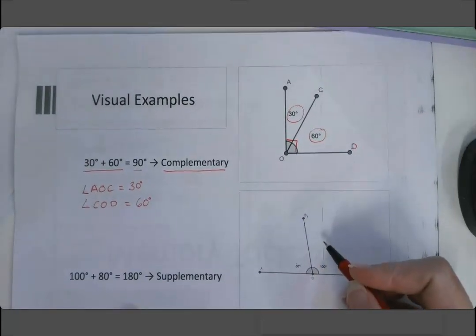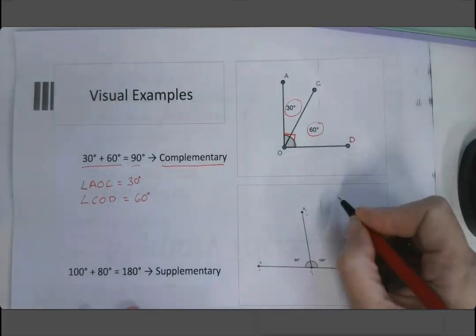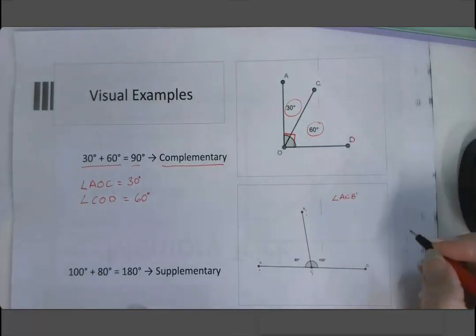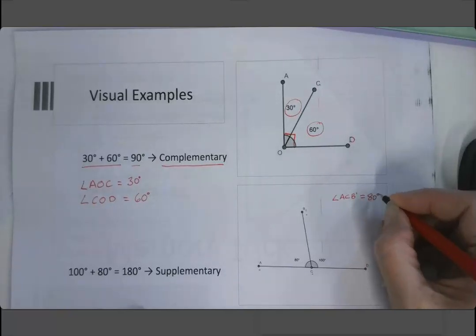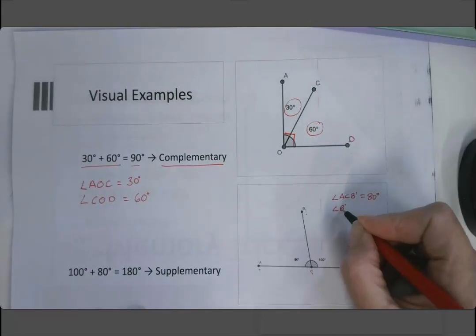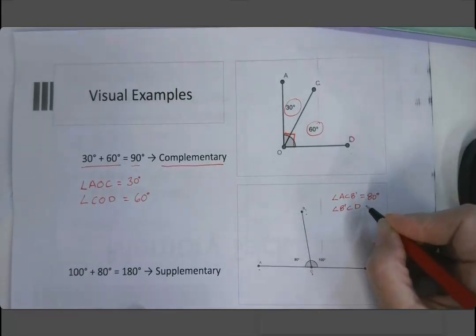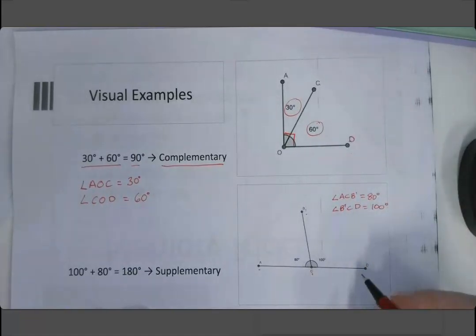In this picture, I have angle ACB1, and it is 80 degrees, and I have angle B1CD, and it is 100 degrees.